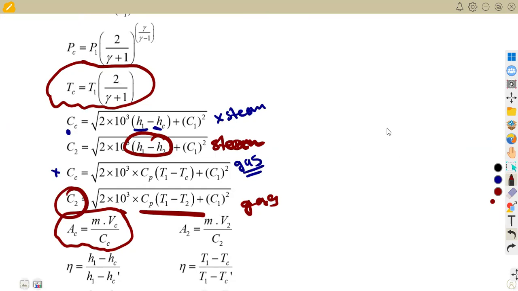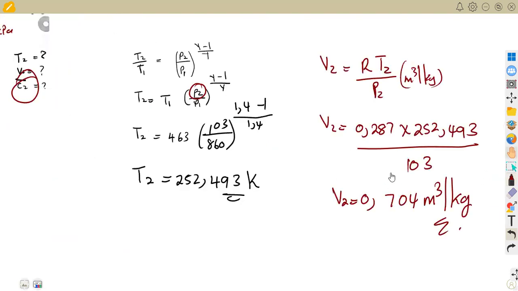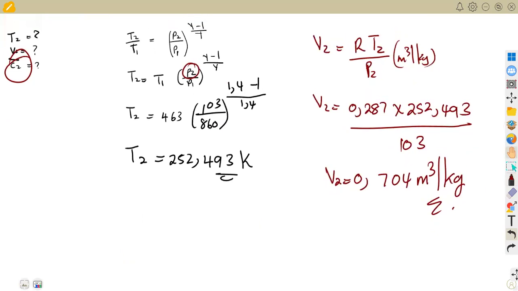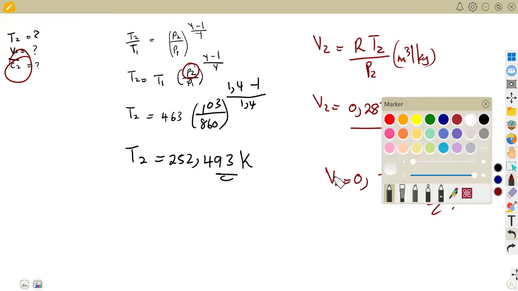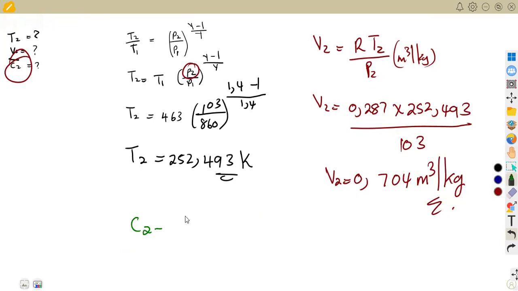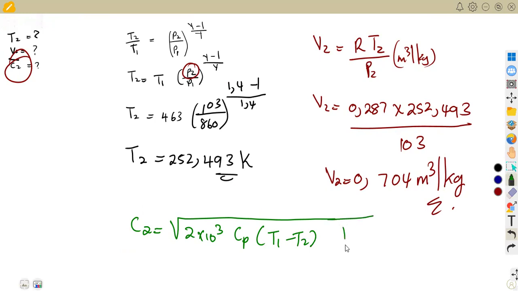Remember, this question is all about a gas. So on a gas, C2 is given as the square root of 2 times 10 to the exponent of 3 Cp, which is the constant pressure heat capacity, into T1 minus T2, plus C1 squared, which is the inlet velocity, which you are given is negligible, taken as 0.